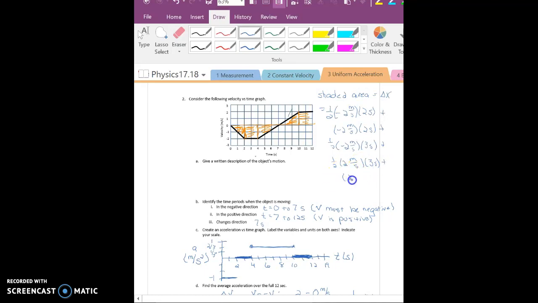And then 2 meters per second times 2 seconds. A number of the items in this list, I have both positives and negatives, and so I could just cancel those. If I have -4 plus 4, that's 0. And here's another one where I have a -1 and a +1. So it ends up that the displacement of this object is 1/2 times -4, which is -2 meters.